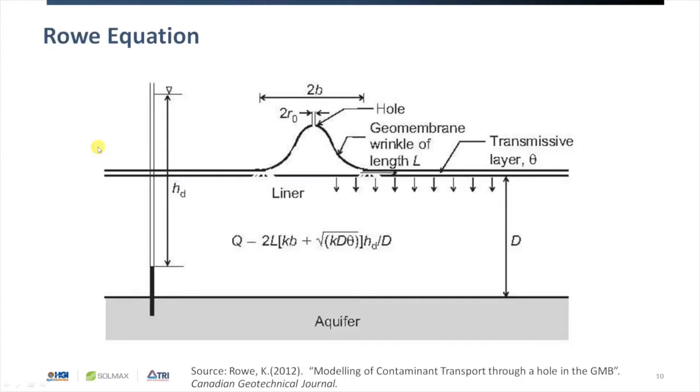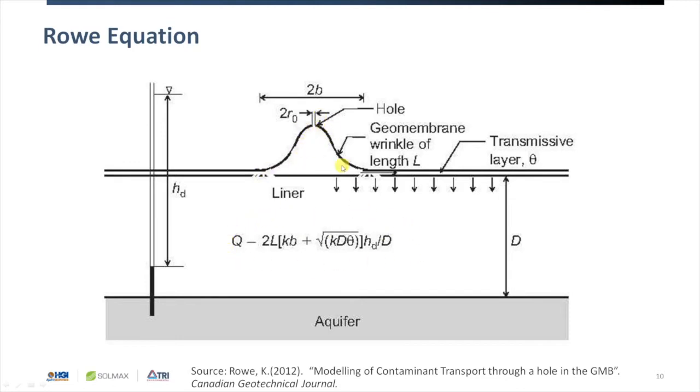Here's a diagram to help you understand the mechanics of the Rowe equation. We have a geomembrane with a wrinkle on top of a thick, low permeable layer, probably compacted clay. The Rowe equation assumes that the hole on the wrinkle is large enough that it can fill the wrinkle with fluid. You notice there's no r sub naught, or radius of the hole, in the equation.